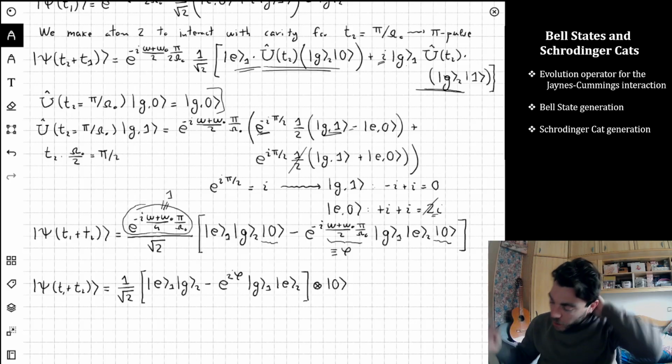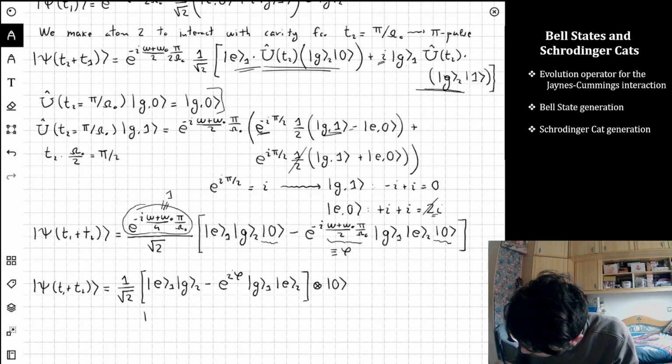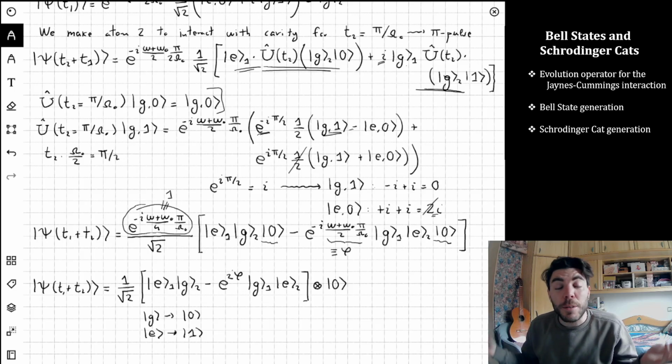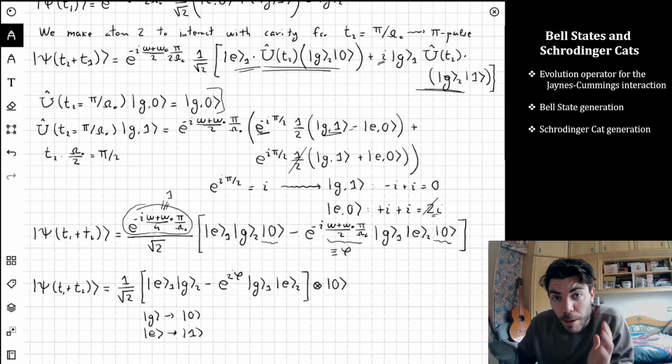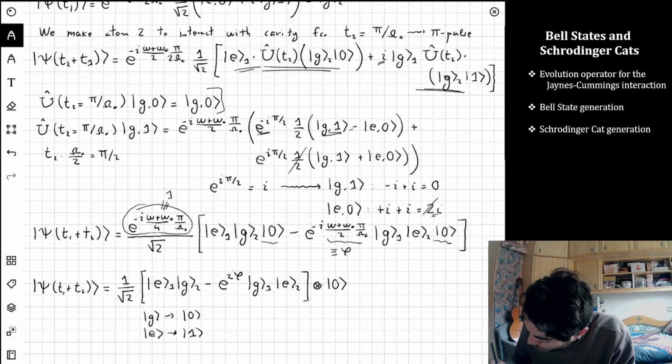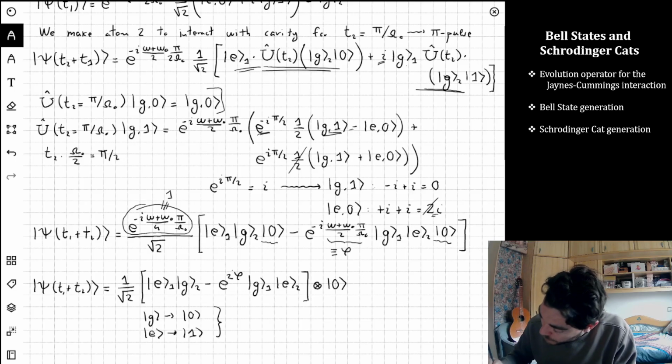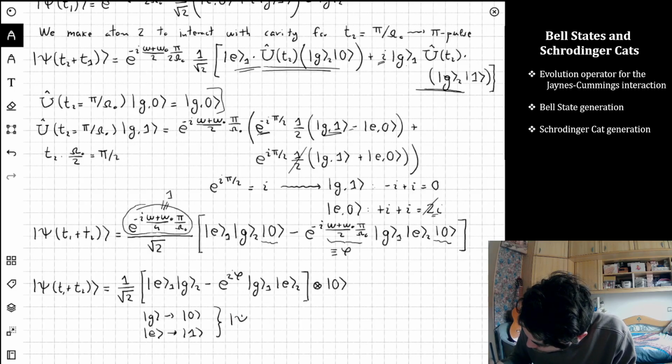And if you recall, I call the ground state 0, and the excited state 1, and I forget about the cavity afterwards, because the cavity is just empty and is a separable state, it is not doing anything.